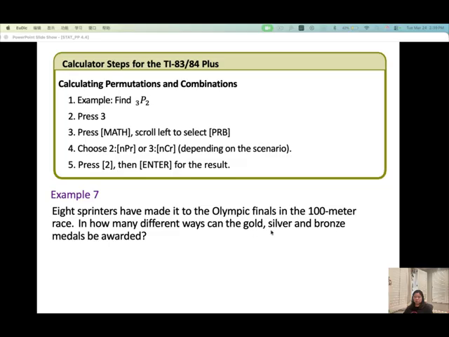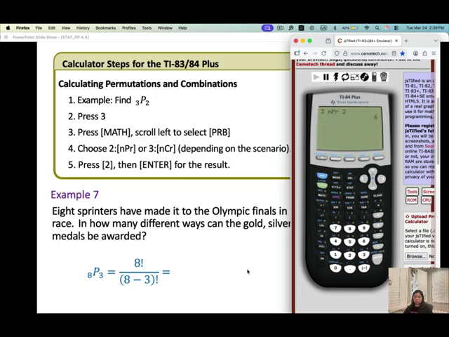Since gold, silver, and bronze have an order, getting the gold or getting the silver makes a difference. So we'll be using permutation. That will be 8P3. Use your calculator. So 8, math, probability, number 2, and 3. Enter. You're going to get 336.